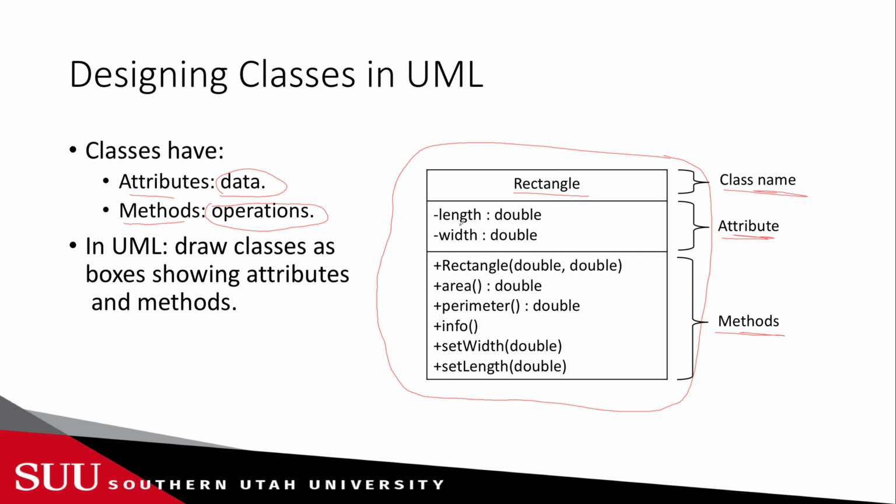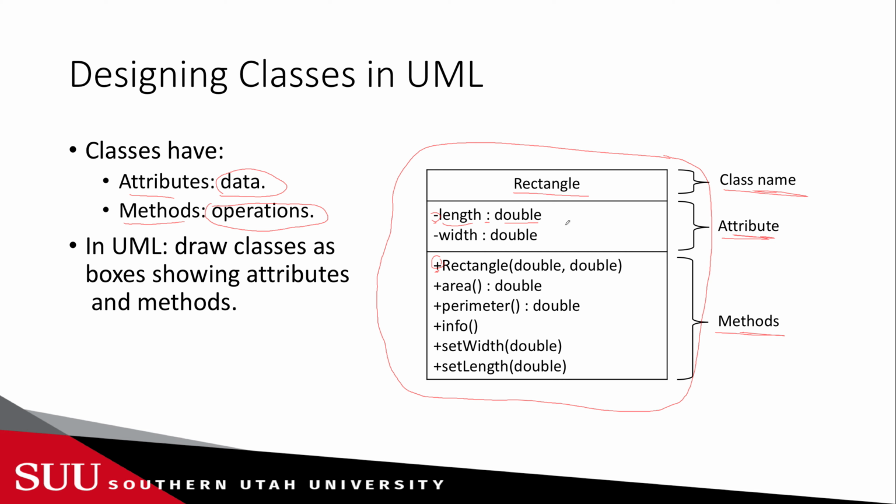Now, we will represent the attributes by the attribute name and then a colon and then the data type. Now, as you can see, we have pluses and minuses here. So I have a minus sign here and I have a plus sign here and I have pluses for all of those. And this is encapsulation, which we'll talk about in a bit. And you will see why do we use this.